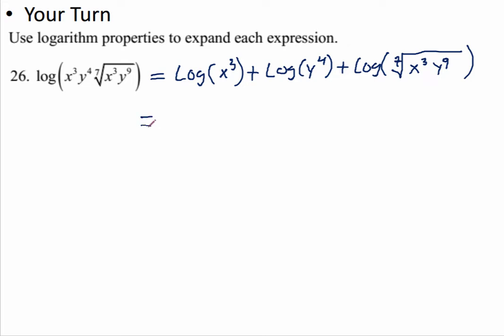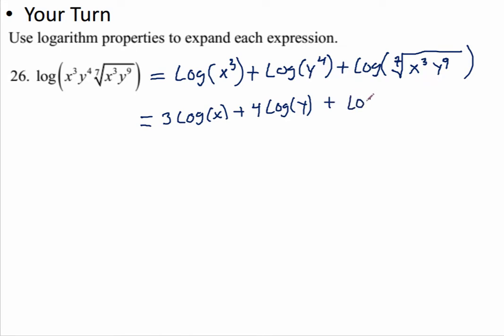So now let's come in and pick off some of the easier stuff again. Here we're going to write this as 3 log of x plus 4 log of y, and then let's get rid of that 7th root. Let's write that as a 1/7, okay? I'll take 2 steps here, but if you can do this in 1 step, you're welcome to.